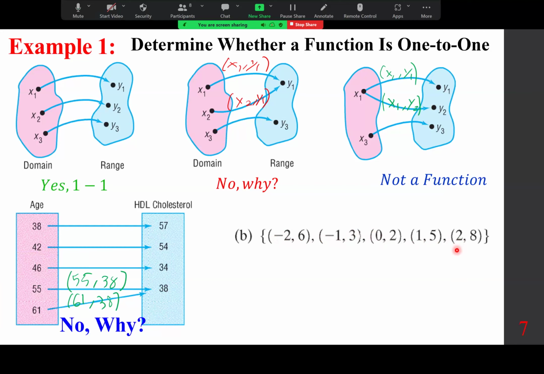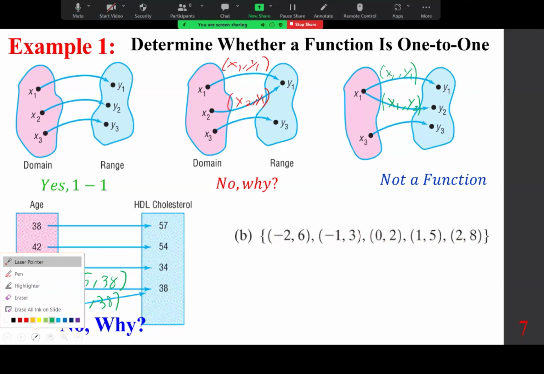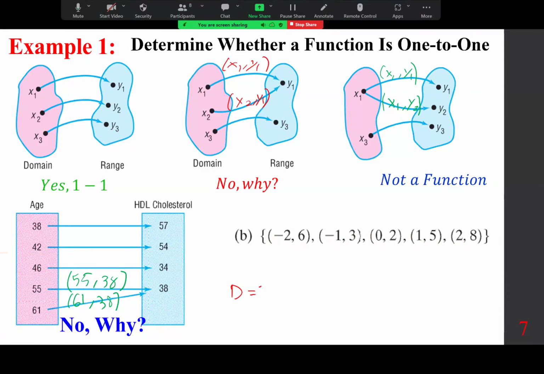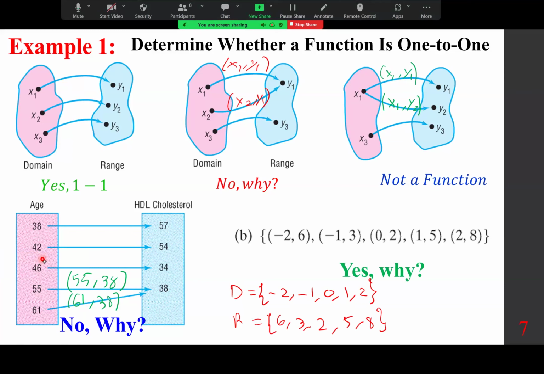All the x coordinates are different. If I were to write the domain: -2, -1, 0, 1, 2. And the range: 6, 3, 2, 5, 8, they are all different. Therefore, yes, it is a one-to-one function.